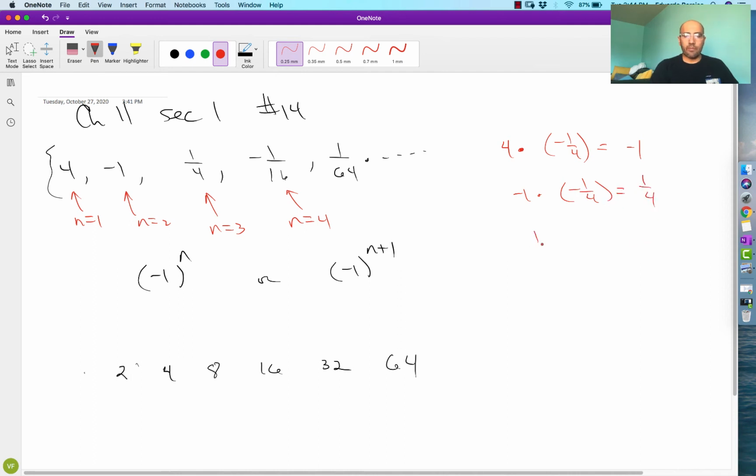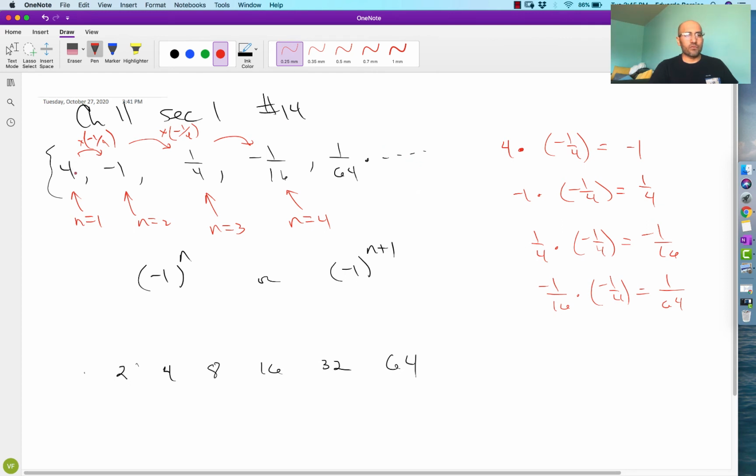And if we multiply +1/4 times -1/4, that gets you to -1/16. And negative 1/16 times negative 1/4 is equal to positive 1 over 64. So it looks like from term to term, we multiply by negative 1/4. Right? Always multiplying by negative 1/4.